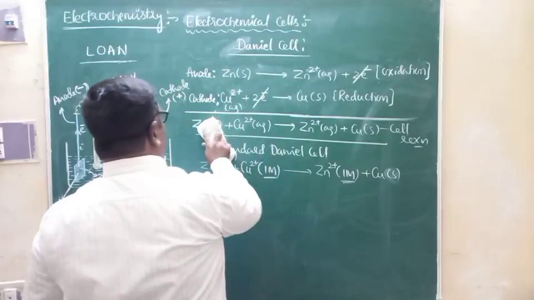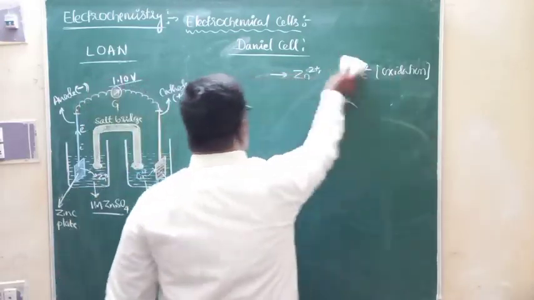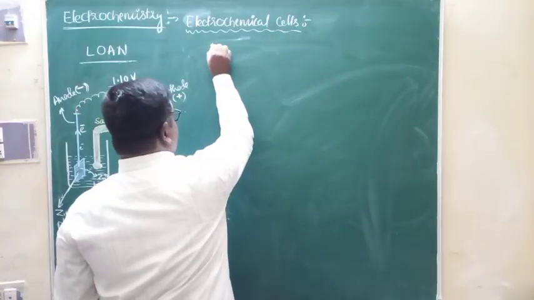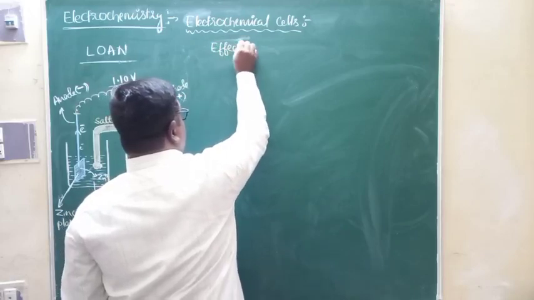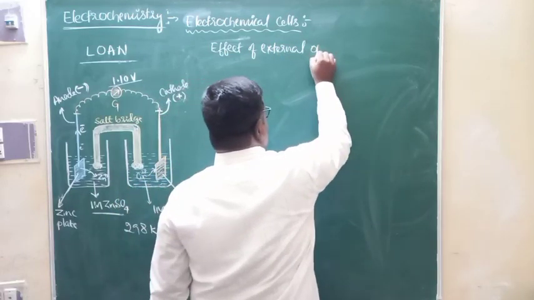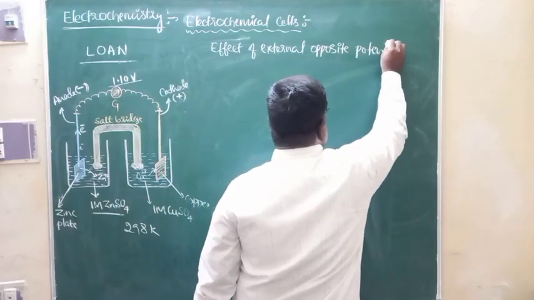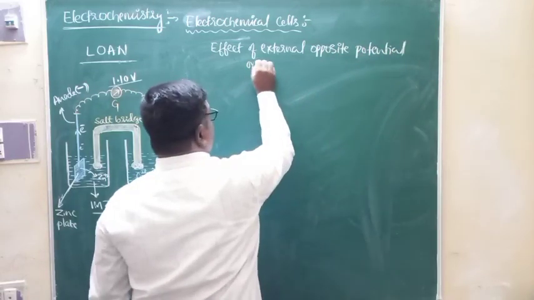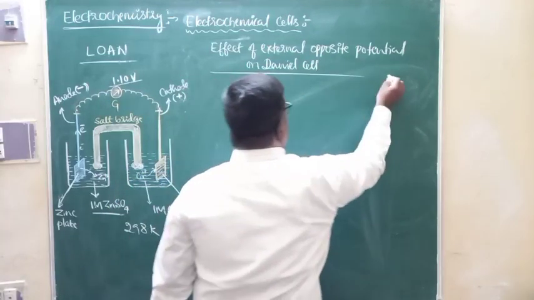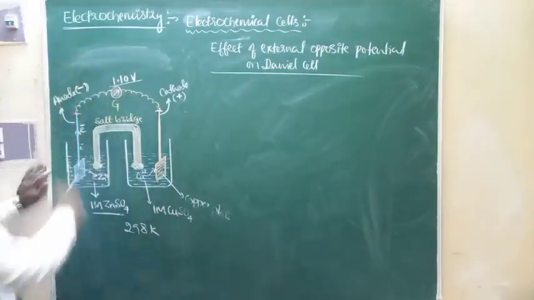Now we'll take up the next discussion, that is the effect of external opposite potential on the standard Daniell cell.